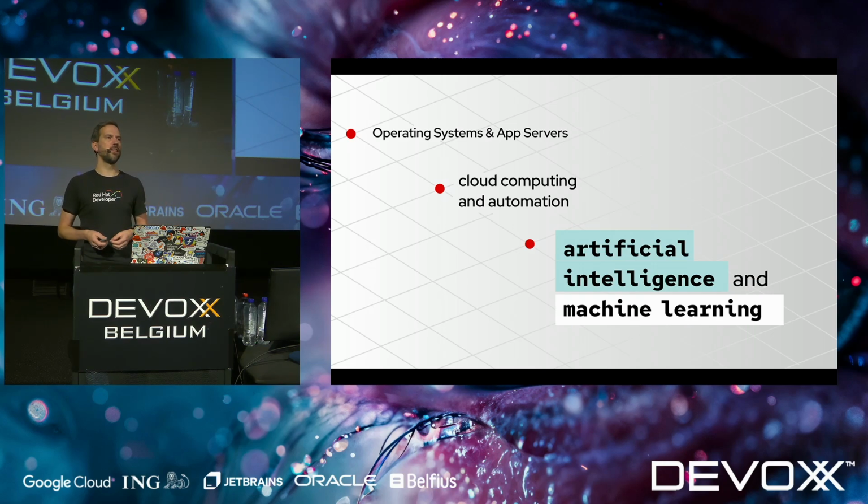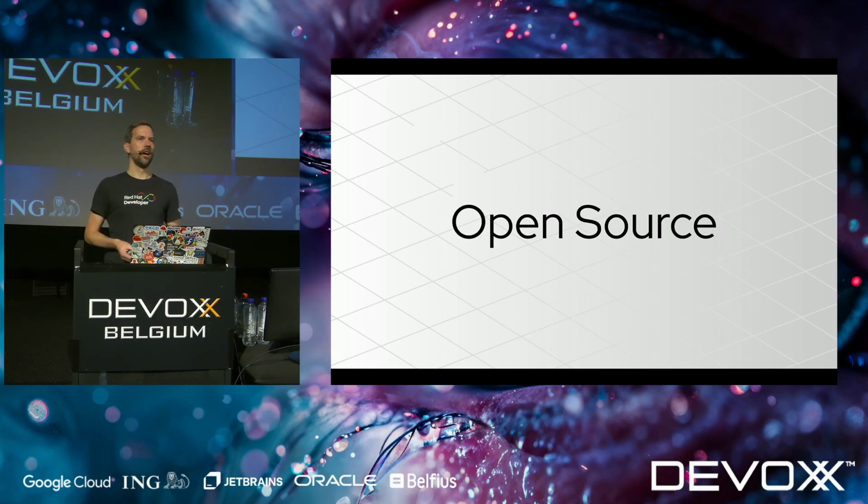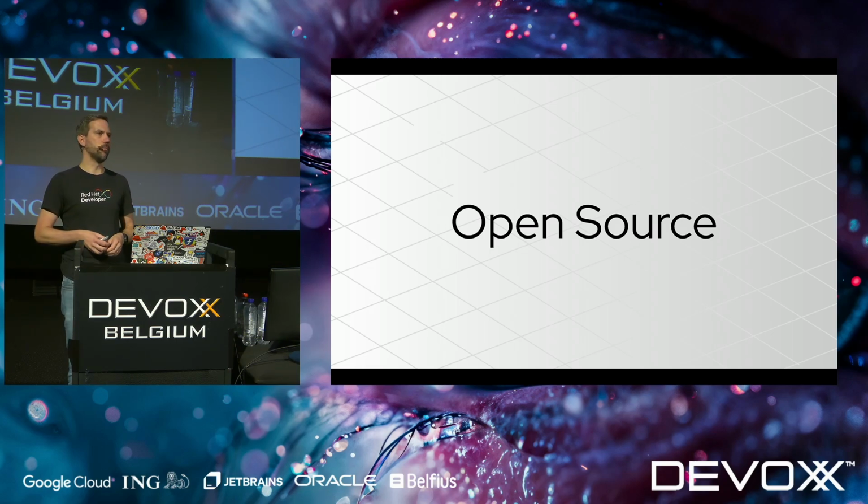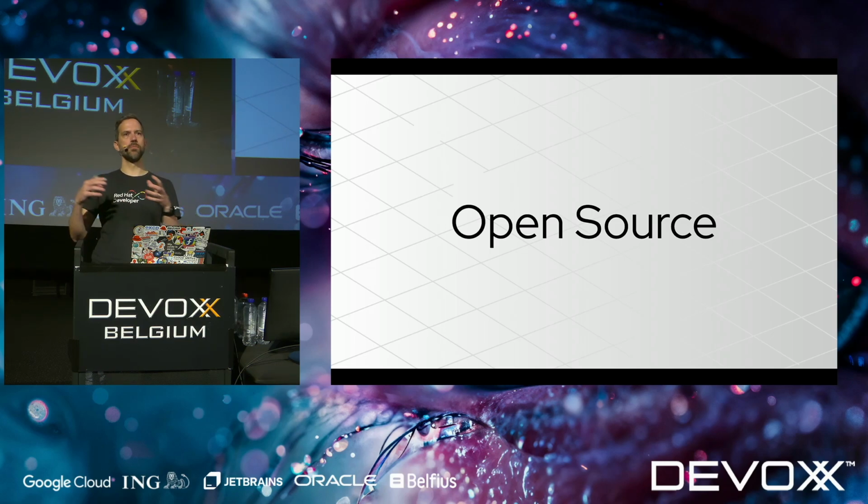And the common theme between all of this is open source. This is what really has fueled innovation, with operating systems moving to Linux, with application servers moving to very small runtimes that we can deploy, that we don't have to pay tons of money for to serve our applications. And we've seen that in the cloud computing world, moving to Kubernetes.